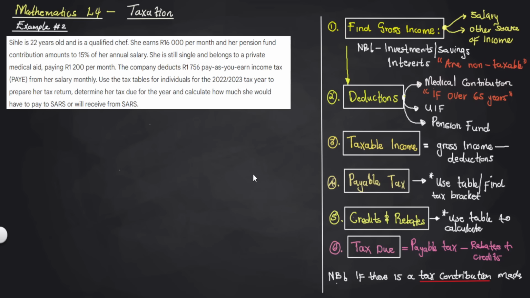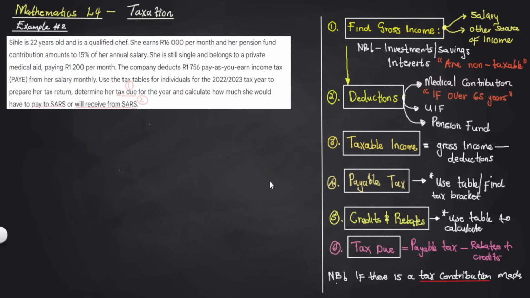The first question is to calculate the tax due. The next question is to calculate how much she will pay SARS, or how much she will receive from SARS. This is question 1, tax due. Question number 2, which is the last question, is how much she will pay SARS.